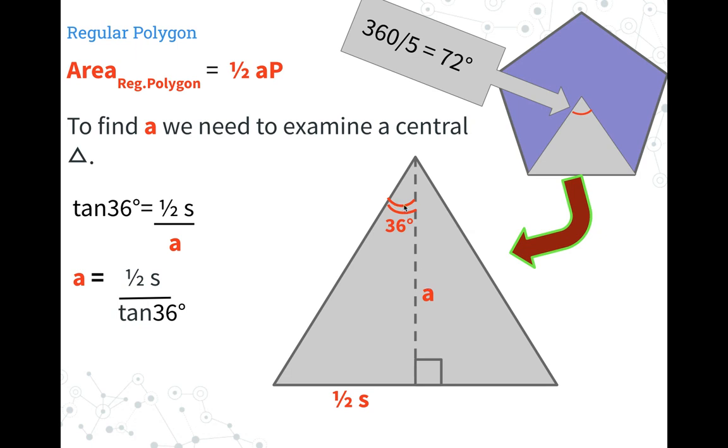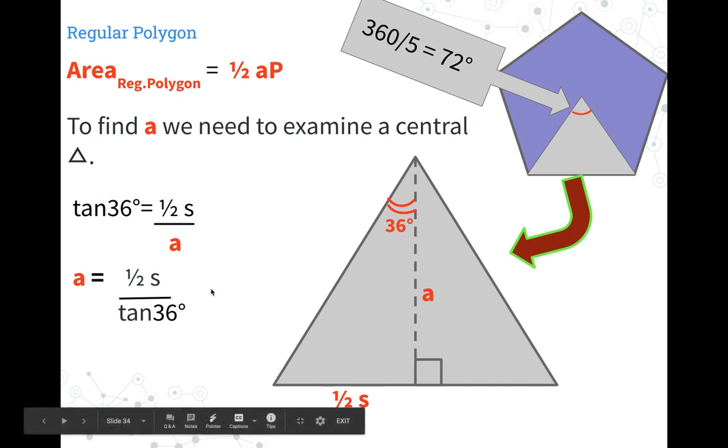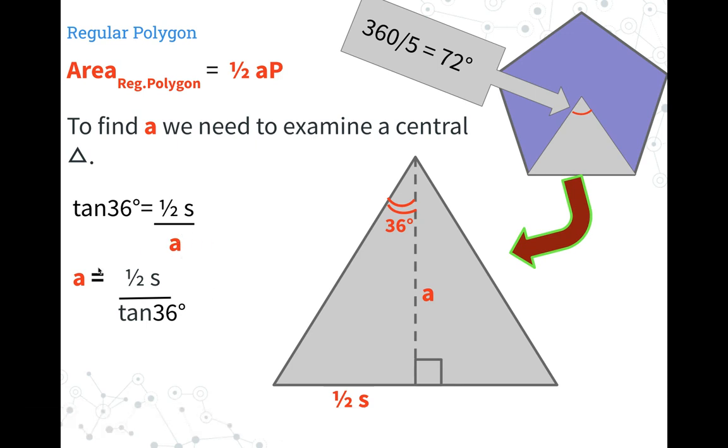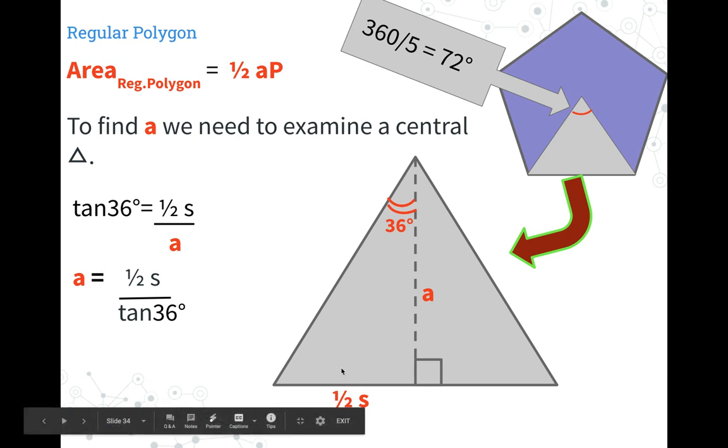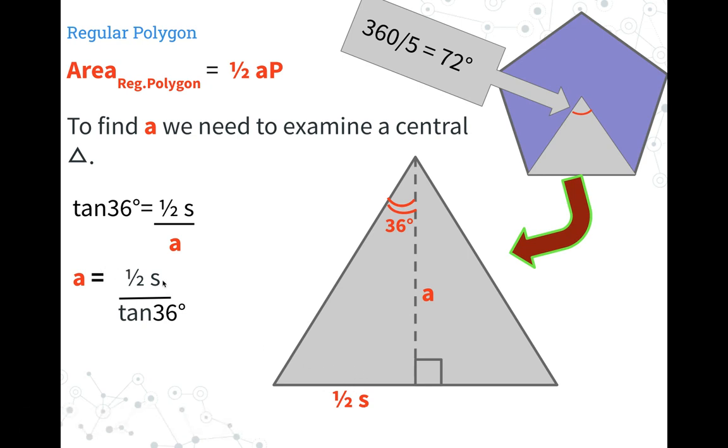So the tangent of 36 degrees is equal to 1/2 the side length, that's opposite, over apothem, which is adjacent. So rearranging to solve for apothem, the apothem is just 1/2 the side length of the entire pentagon, divided by tangent 36 degrees.